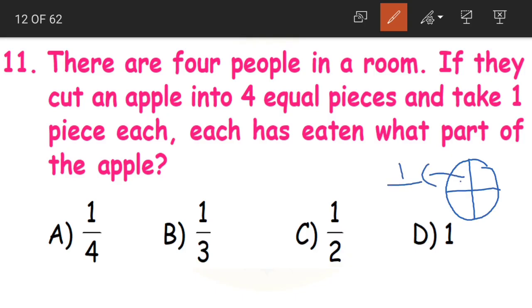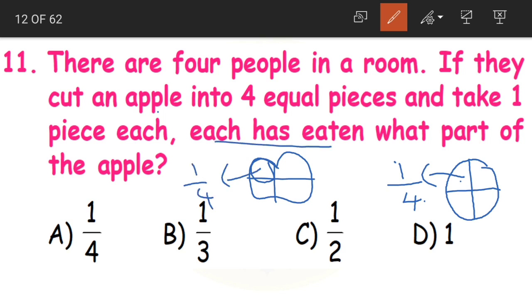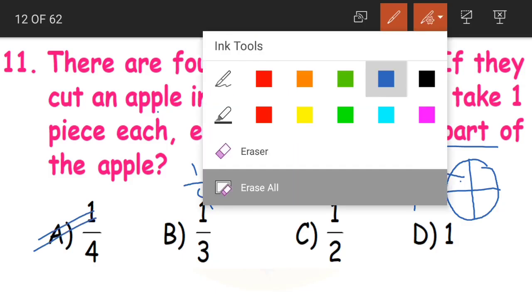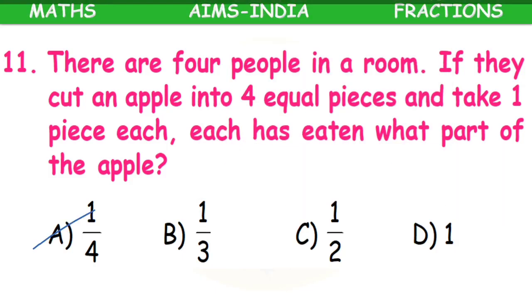It is one of the 4 parts. So 1 by 4 becomes the fraction of each piece. In the same way here, one apple was divided into 4 equal parts. So each part becomes what, children? It becomes 1 by 4. So each has eaten 1 by 4 part of the apple. Okay, option A, 1 by 4 is our correct answer.